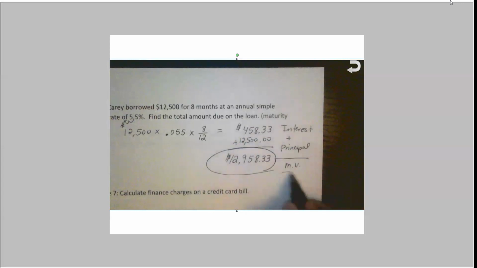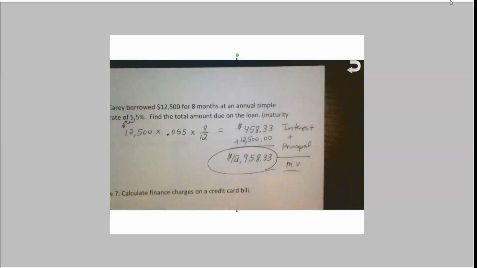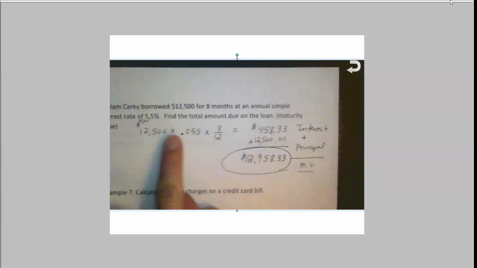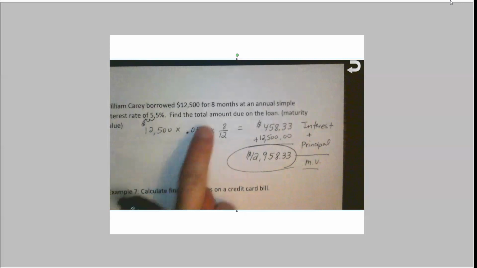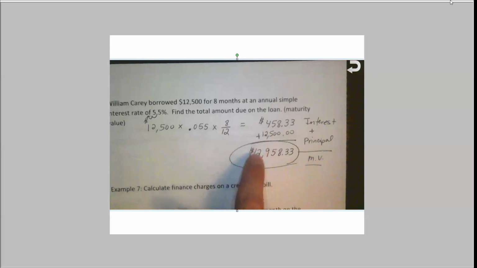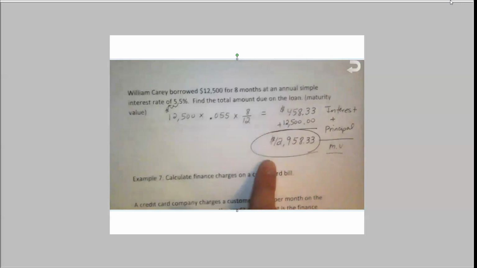That's the maturity value of that loan. So we calculated the interest just like the last example. Turn my percent into a decimal. Time, months over 12. If that was 8 years, I would just plug in 8, okay? But it's months, so I do 8 over 12. That gives me the interest. We add that back to the principal to calculate that maturity value.